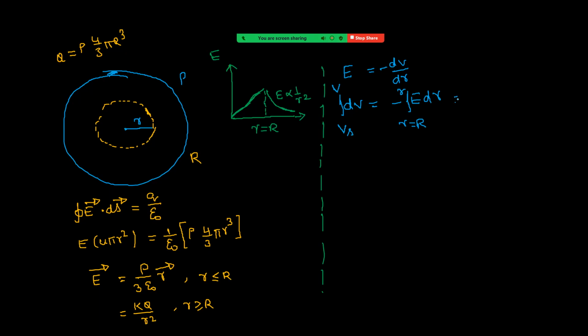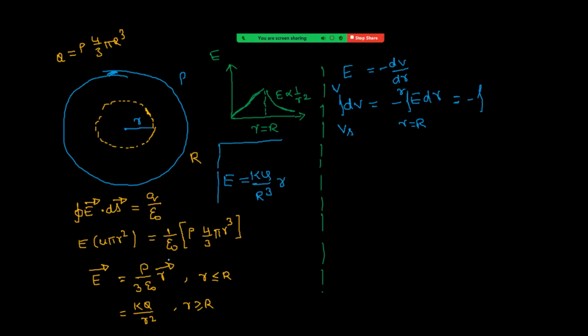Then see what we get here: minus integral, in the place of E, what can we write? If you want to calculate in terms of charge, the result becomes E equal to rho by 3 epsilon naught into r, which becomes K Q by R cube into r.